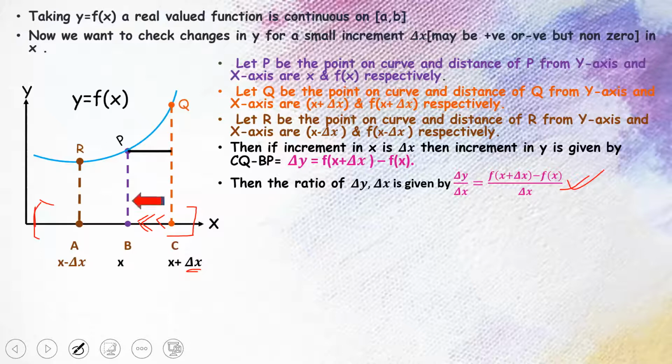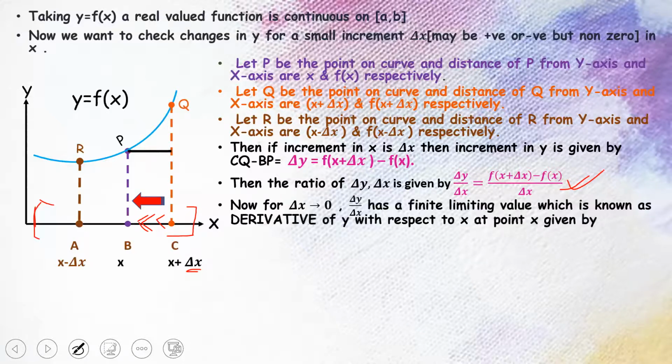If delta x tends to 0, that is, this point C tends to B, that time the change in the ratio is given by a finite limiting value. And if there is any finite limiting value, that time we'll call this the derivative of the function y with respect to x, the independent variable, at the point x.